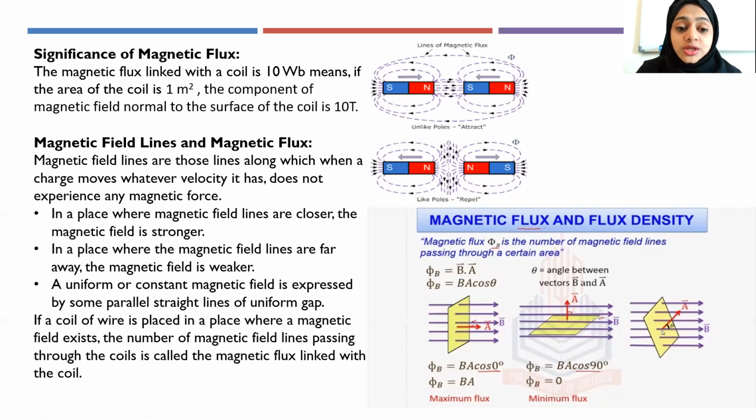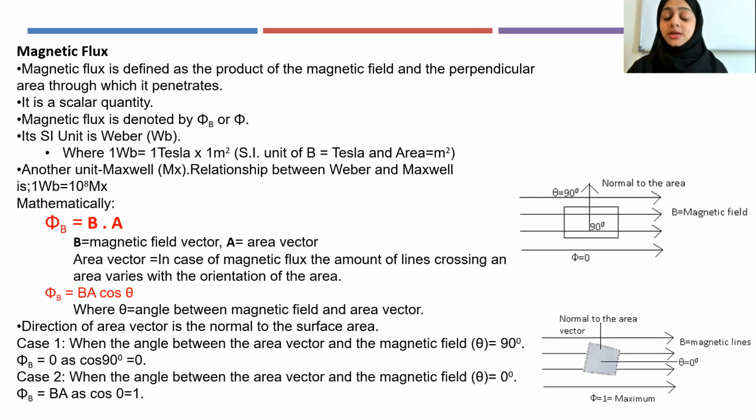Is it clear to you what is magnetic flux? Okay. So you have to remember that magnetic flux is a scalar quantity. It is defined as the product of the magnetic field and perpendicular area.